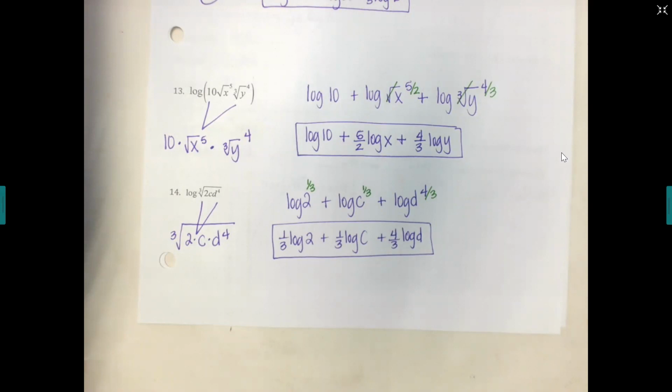It should be log 9 plus 5 log x. There you go.